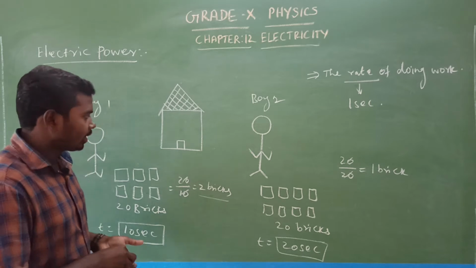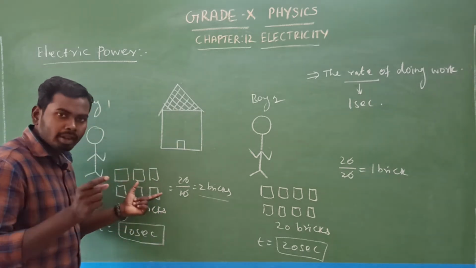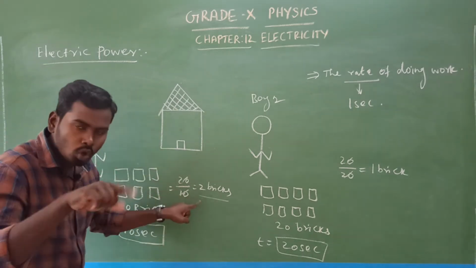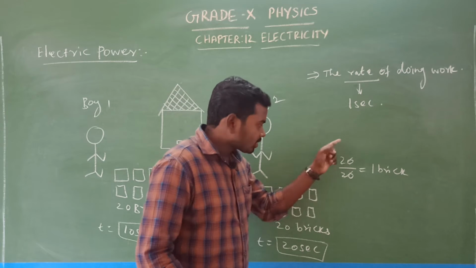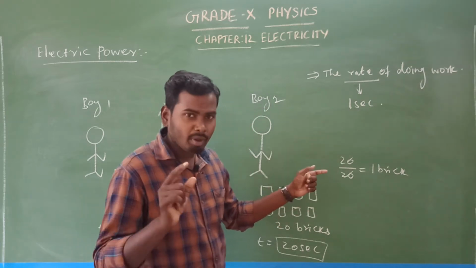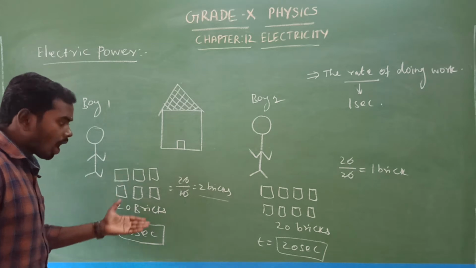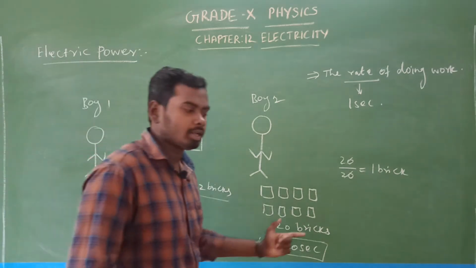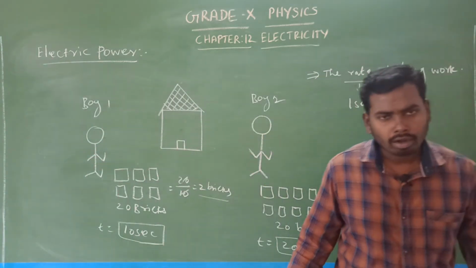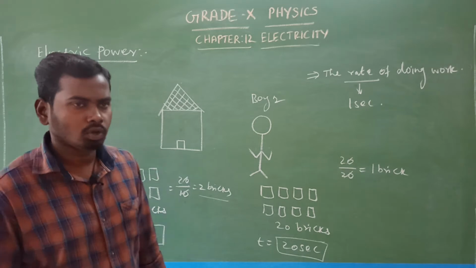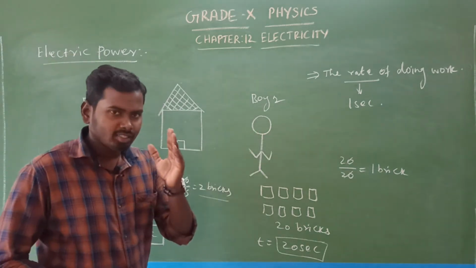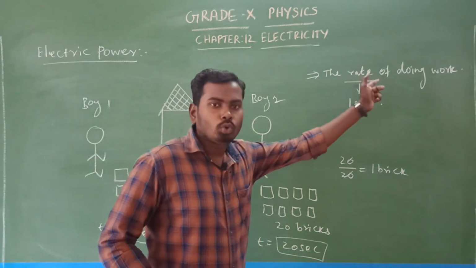Look at here. Per second, the number of bricks kept by boy 1 is 2, whereas per second the number of bricks kept by boy 2 is just 1. So obviously boy 1 has more power compared to boy 2. Am I right or not? Yes, we can say like that. So power is nothing but the rate of doing work.